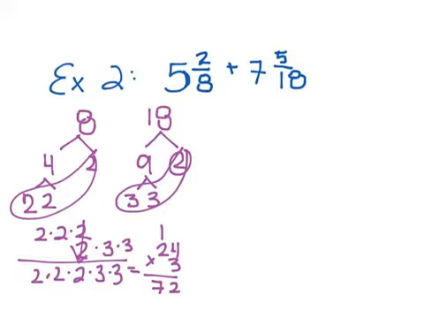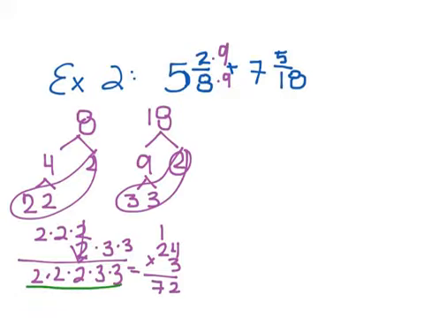So I need to ask myself, how do I get my 8 to become a 72? And to get there, I'm going to be multiplying by 9, top and bottom. And now this 18, to figure this out, guys, I'm actually going to go back down here to take a look at what was happening here.